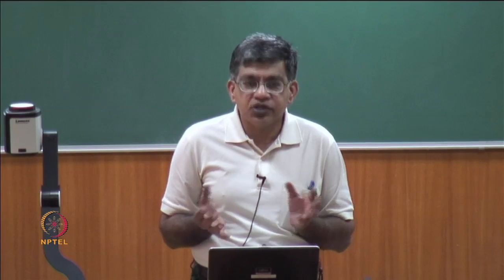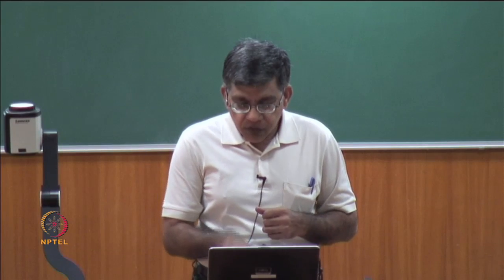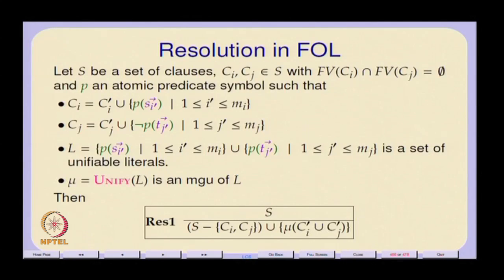If you want to get some intuition as to why just this one rule is required, it is very simple. This unification is like a combination of two steps. You have a for all instantiation, a for all elimination, which replaces the variables in Ci and Cj with some terms, and those terms are the terms which give you the most general commonality between the literals in L. Those terms themselves do have variables.